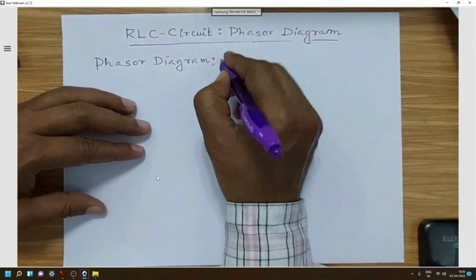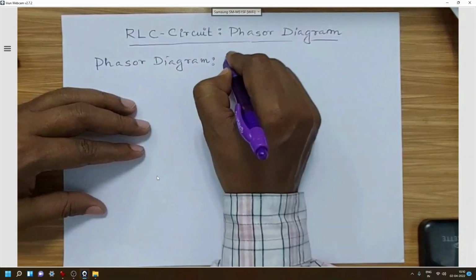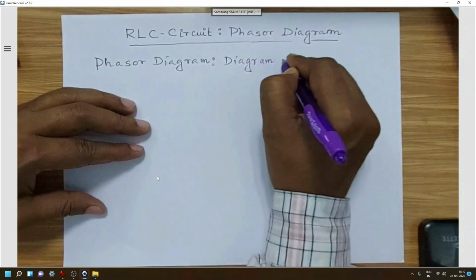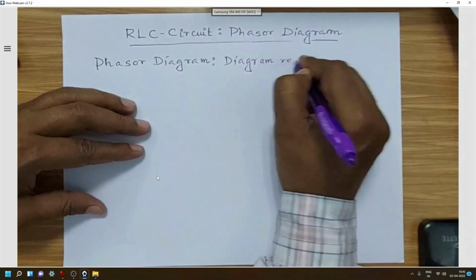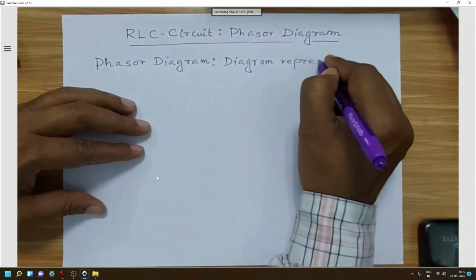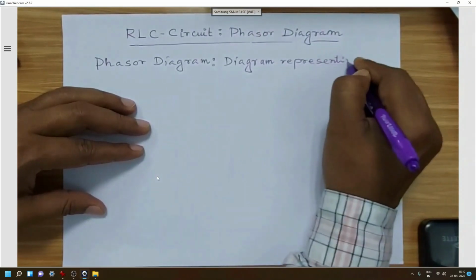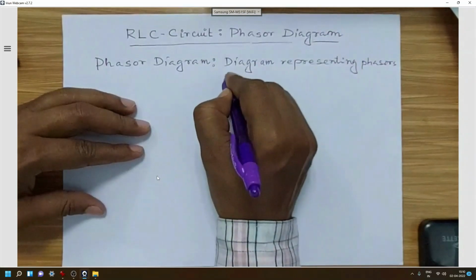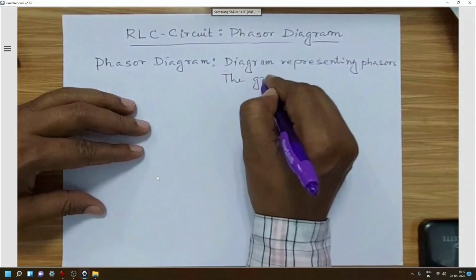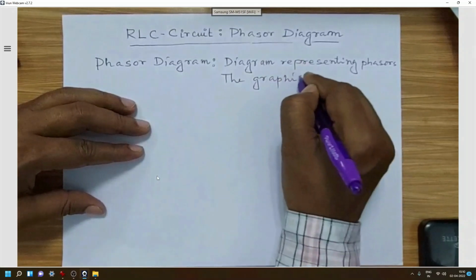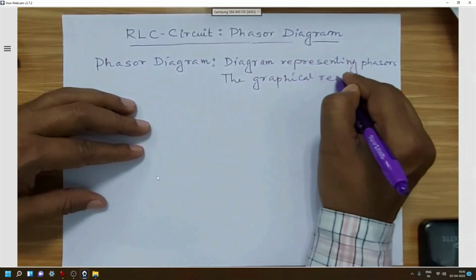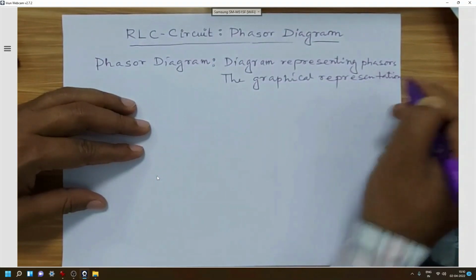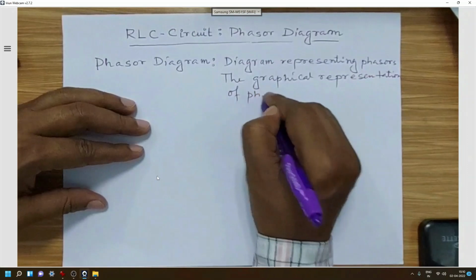So Phasor diagram is the diagram representing phasors. That means it is the graphical representation of phasors.